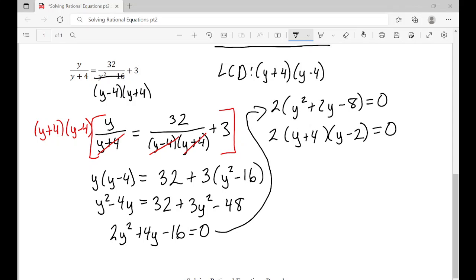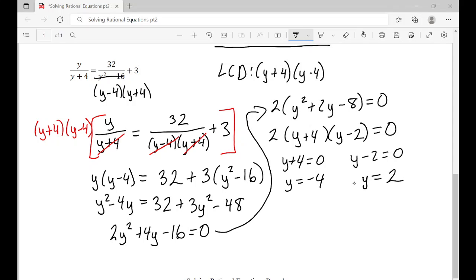The 2 equals 0 is just garbage, so I'm going to throw it away. But y plus 4 equals 0, and then y minus 2 equals 0 will give me something. So y is going to give me negative 4, and y is going to give me positive 2.